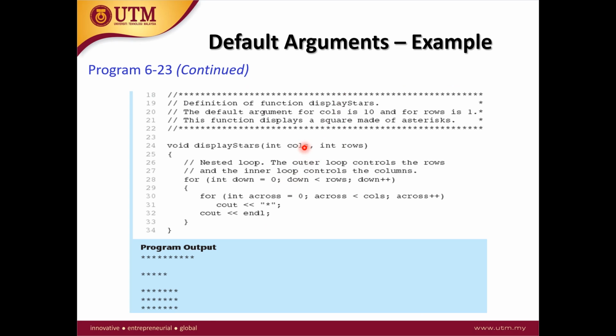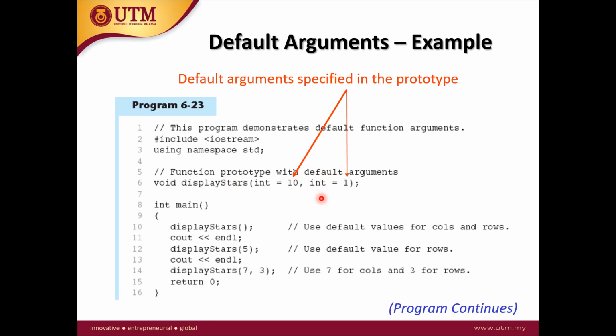So the int cols and int rows in the function, this is going to be 10 and this one is going to be 1. Why? Because in the function prototype we have used the default arguments here. This one is going to be 10 by default and this one is 1 by default if we don't pass any value. But here we are only passing one value which affects only the columns.